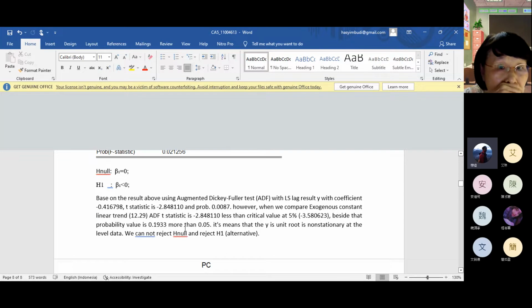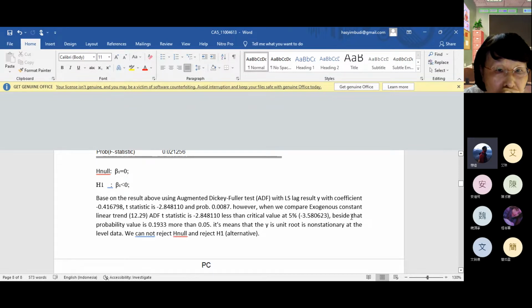Based on the result, ADF with level lag result, Y with coefficient minus 0.41678. The t-statistic is minus 2.84811, and probability 0.0087.